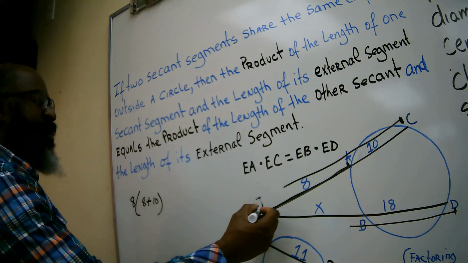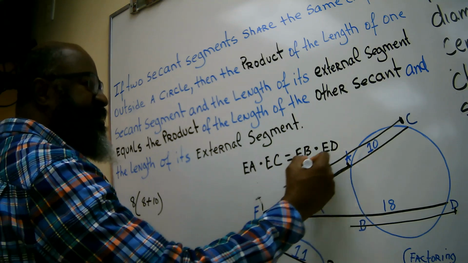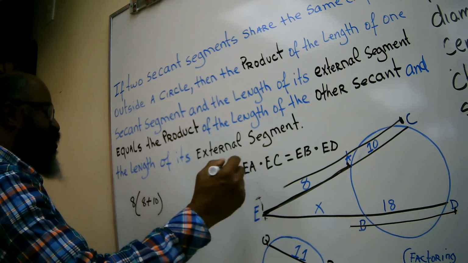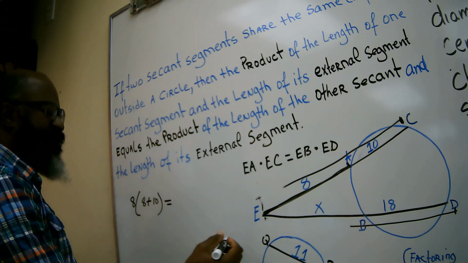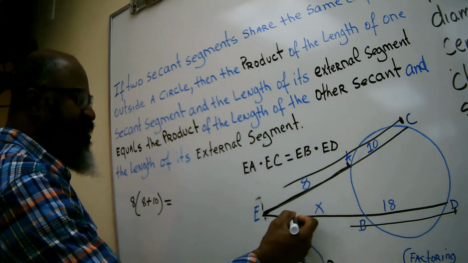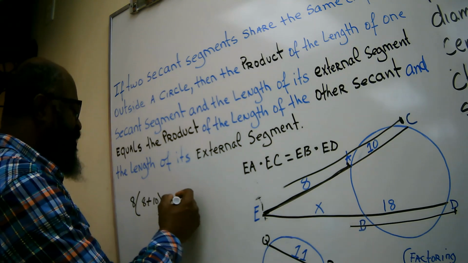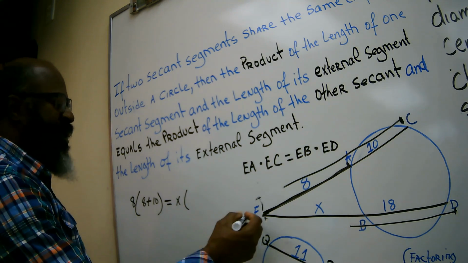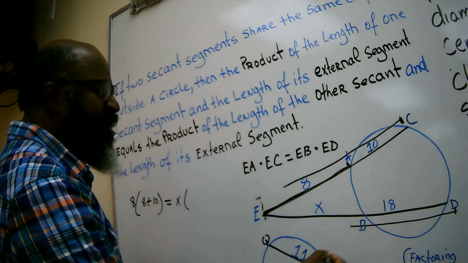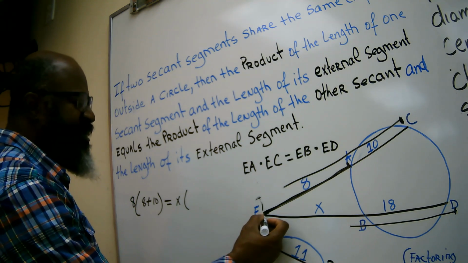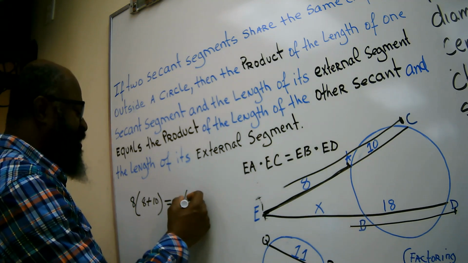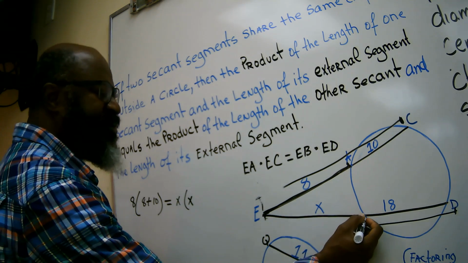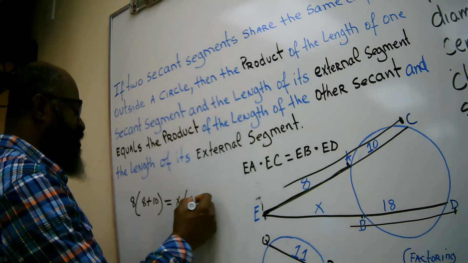In other words, EC is 18, 8 plus 10, and that is equal to the external part of the other secant, which is EB, that is x, times ED. To find ED, it is EB, which is x again, plus BD, which is 18.